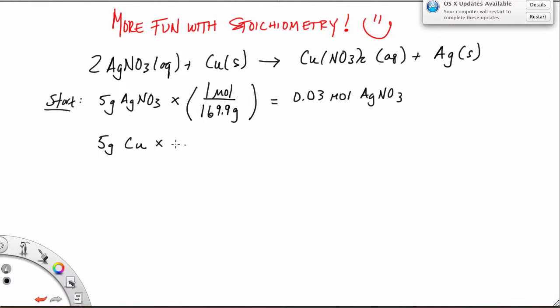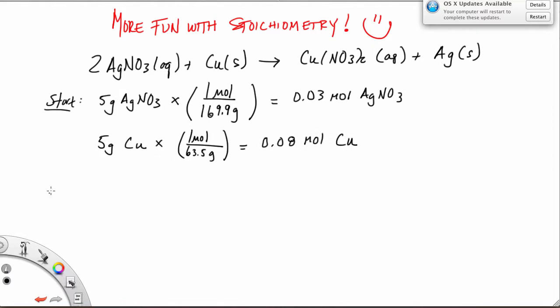We'll do the same thing for copper. All we're going to do is convert into moles. The molar mass of copper is 63.5 grams. So we have 5 divided by 63.5, and that is 0.08 moles. We're rounding to just 1 sig fig here.